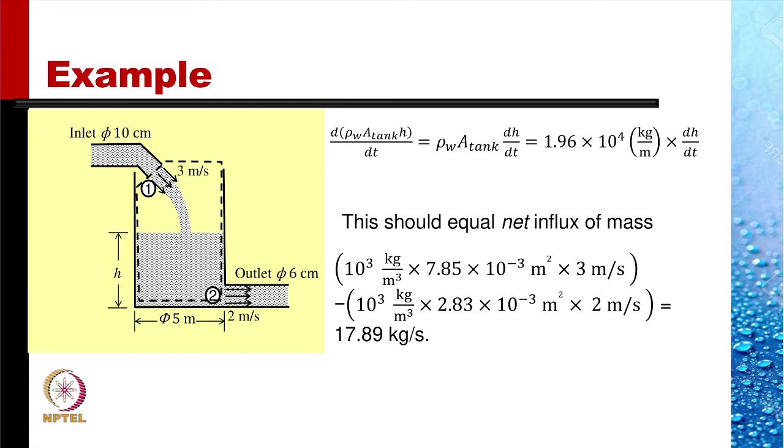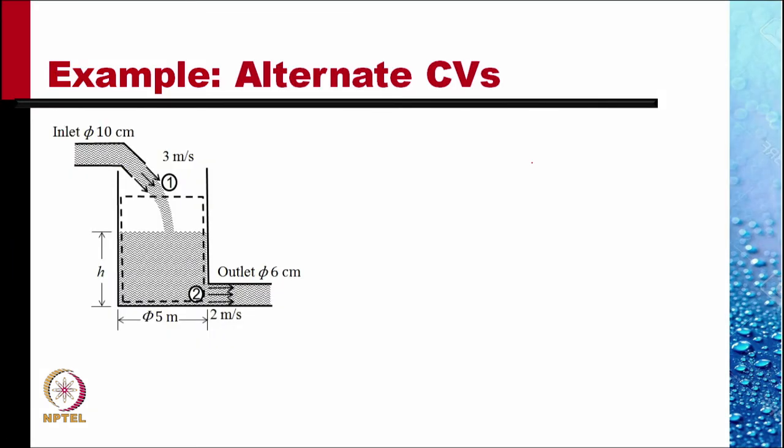So the net influx of mass is 17.89 kilogram per second. This is equated to the rate of accumulation to obtain dH by dt.